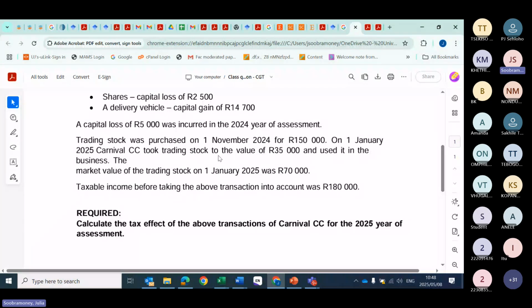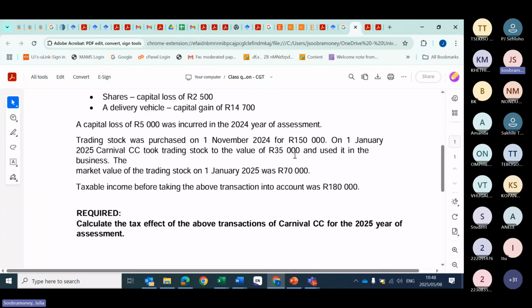As a capital asset, what are you going to do? On your asset register for tax purposes, you're going to note there, vehicle cost price, 70,000 Rand. Why is it 70,000 Rand? Because deemed disposal, deemed acquisition. If I'm deeming a disposal, I'm selling something and I sold it at the market value.